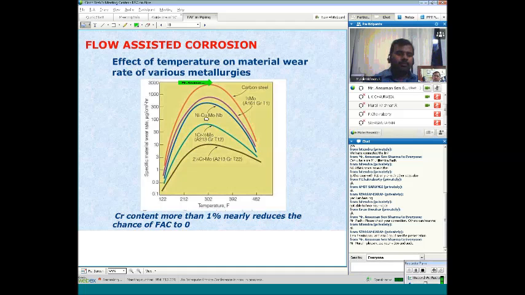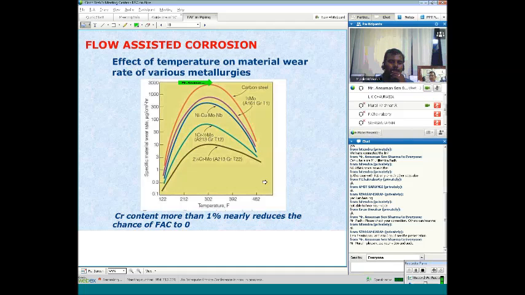Here, FAC problems are almost negligibly small. So, chromium of more than 1% is understood to reduce the FAC problem almost to nil. So that gives us one defense. If we are having frequent FAC problems, we can think about changing the material.